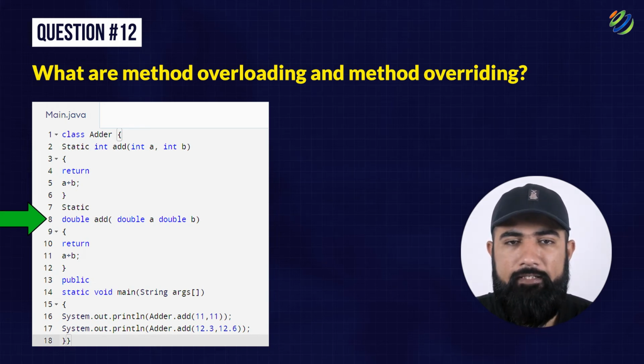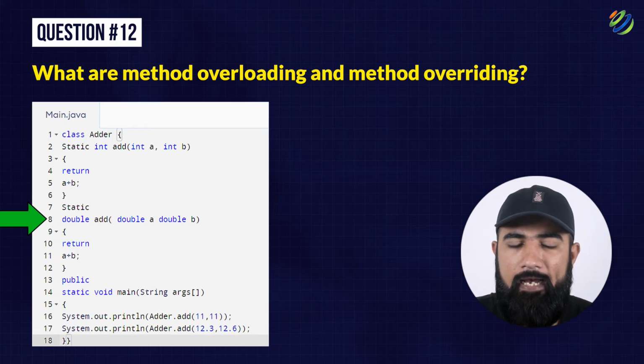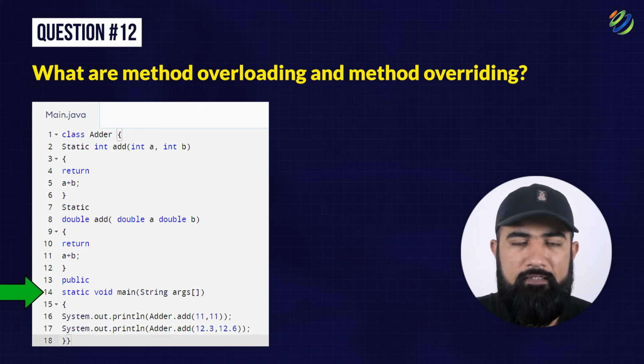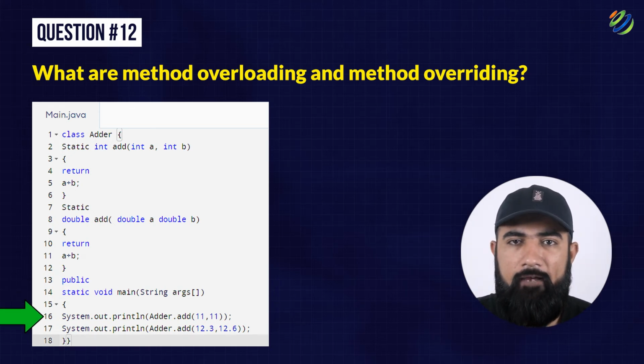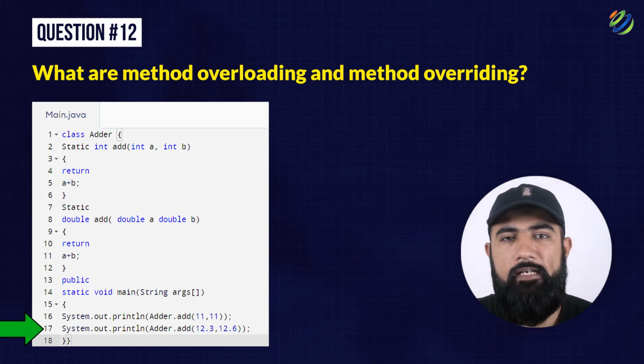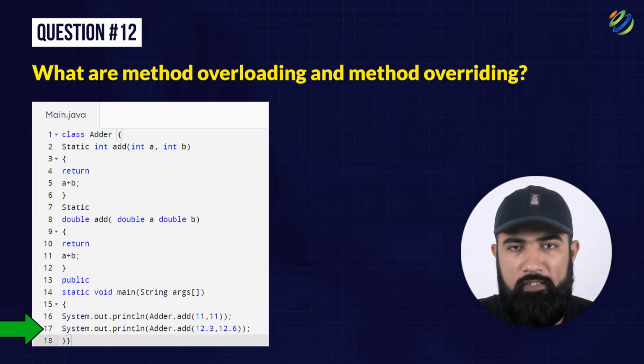Earlier I was using int, now I have double a, double b, and again I am returning a plus b. Here in my main, I am calling both of those functions with different values. For the int, I have 11 and 11, and for my double type, I have 12.3 and 12.6. So this is how method overloading works.